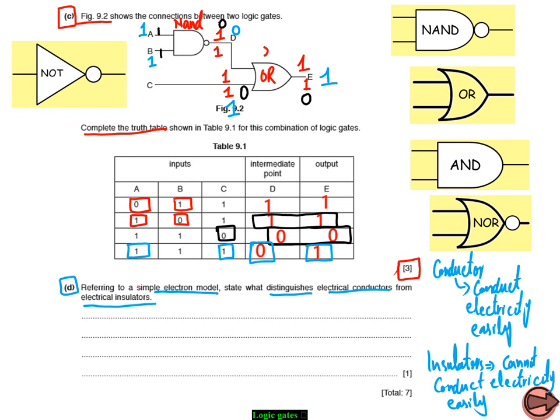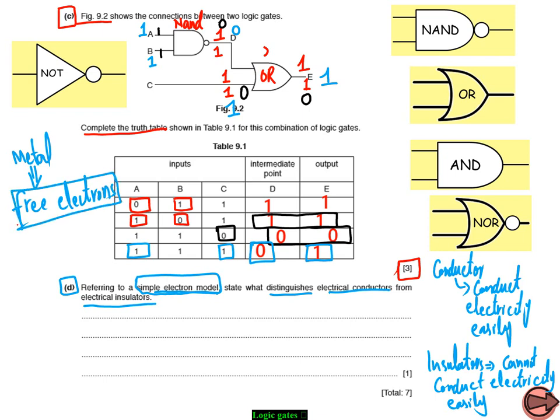Now, using the simple electron model we have to explain this. Most of you are probably quite clear that metals are very good conductors, which means they have free electrons. Metals are good thermal conductors and they are also good at conducting electricity, so they have free electrons.